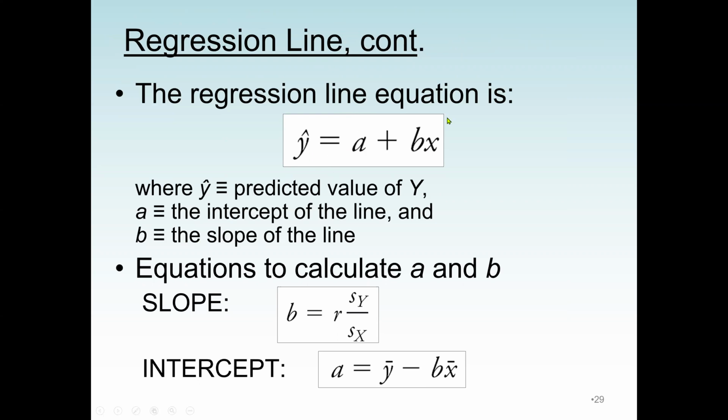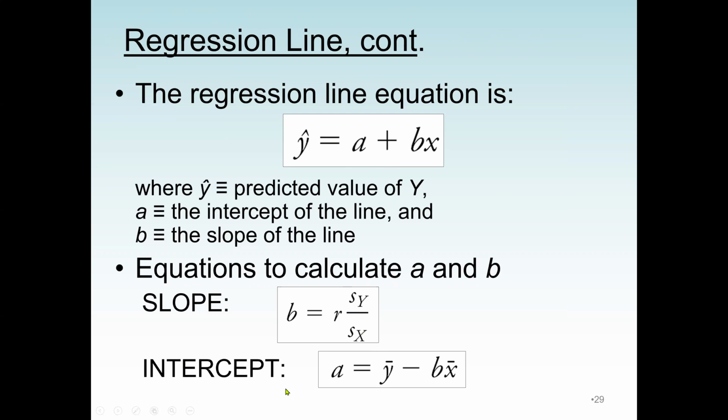In order to get this equation for prediction, we need to find the value of B. B is r times the standard deviation of the Y values over the standard deviation of the X values. Here we are using samples, so s_y and s_x.